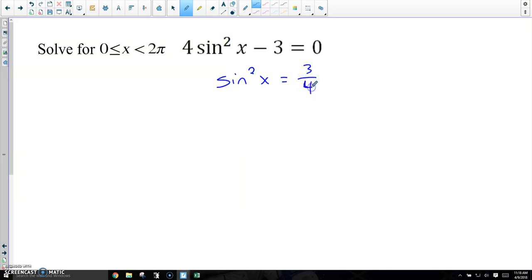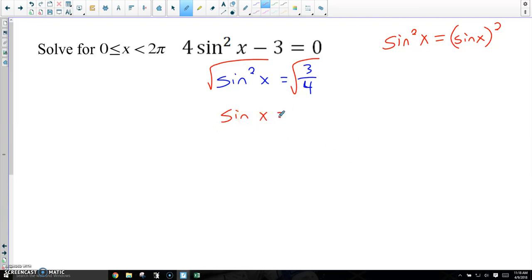Then I added 3 and then divided by 4. Next step, remember the sine squared of x is the same as the sine of x quantity squared. So to get rid of that square, I need to take the square root. So we would then get the sine of x is equal to the square root of 3 over 2, because the square root of 4 is 2.